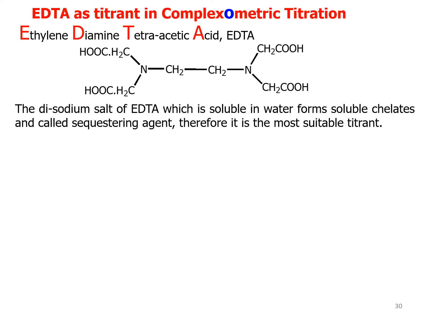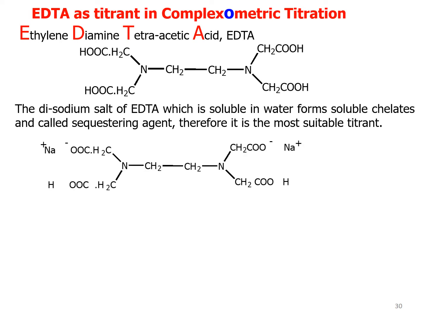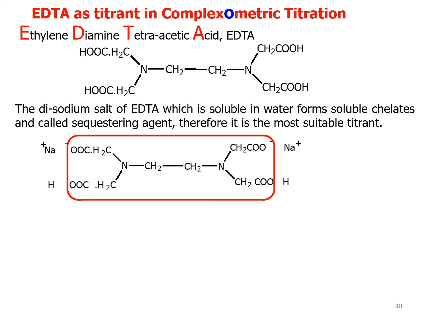The disodium salt of EDTA is soluble in water, what we have called a chelating agent that is soluble in water, a sequestering agent. It forms soluble chelates and is the most suitable titrant.